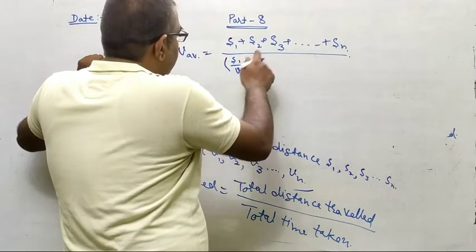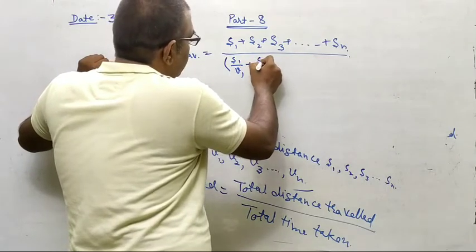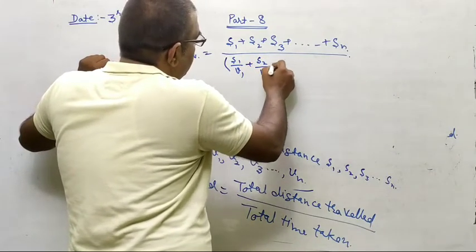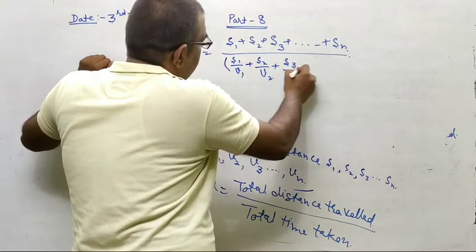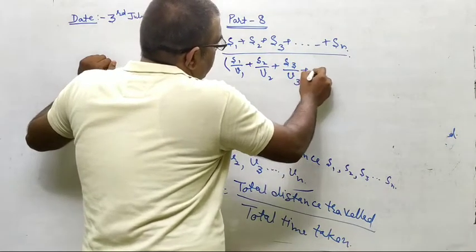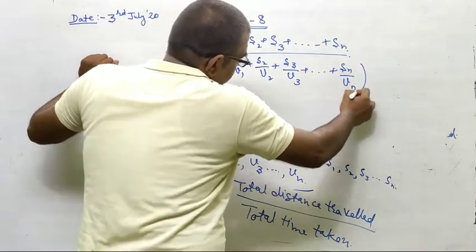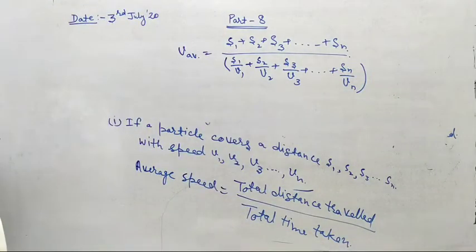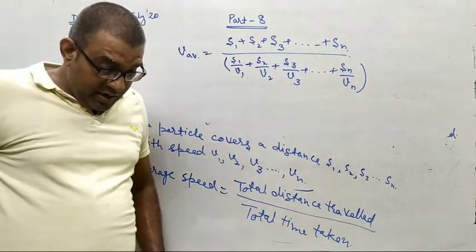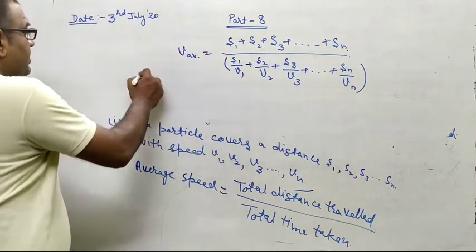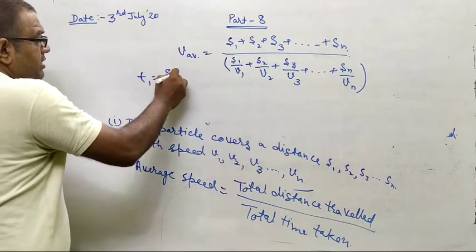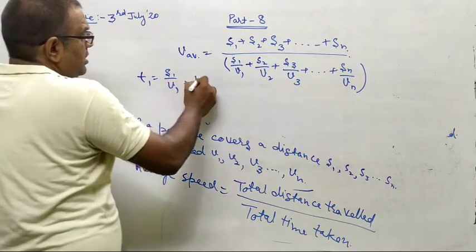So the total time is S1 upon V1 plus S2 upon V2 plus S3 upon V3 plus up to Sn upon Vn.